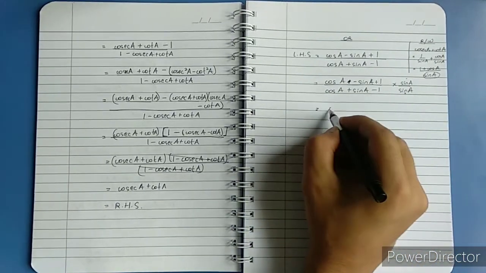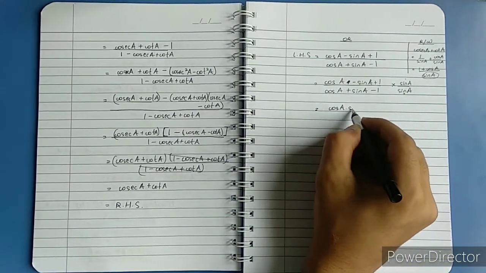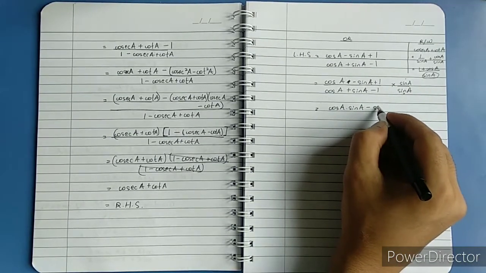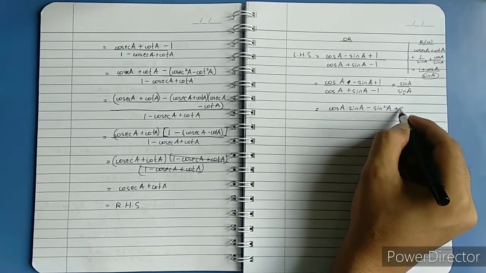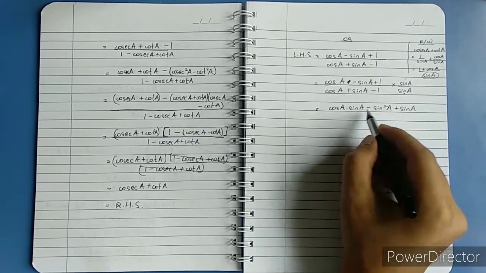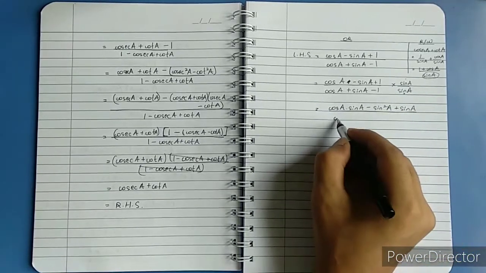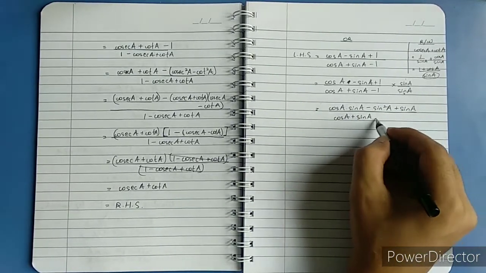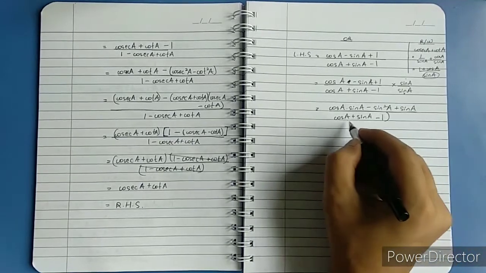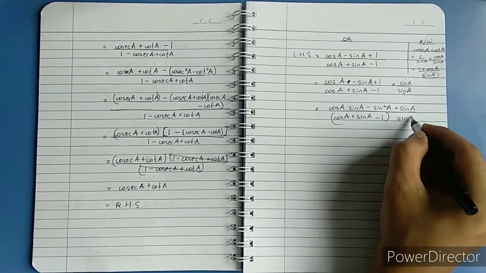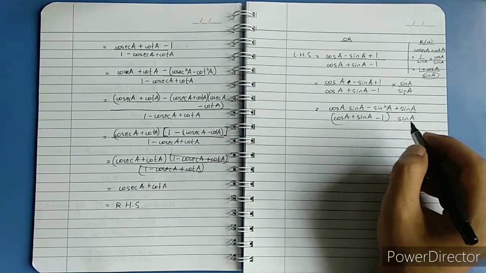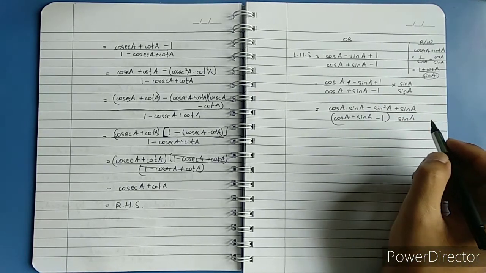So cos A into sin A is cos A sin A minus sin A into this thing becomes sin square A plus sin A by cos A plus sin A minus 1 in brackets, and we are multiplying with sin A. We'll not multiply this, we'll leave this as it is. In the numerator, now we'll need to make some changes.